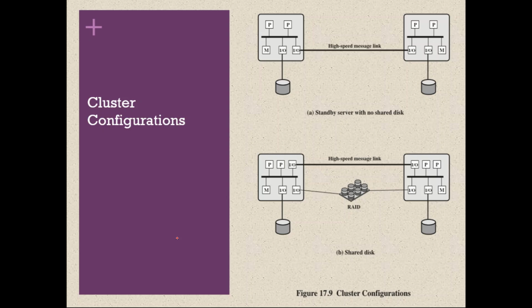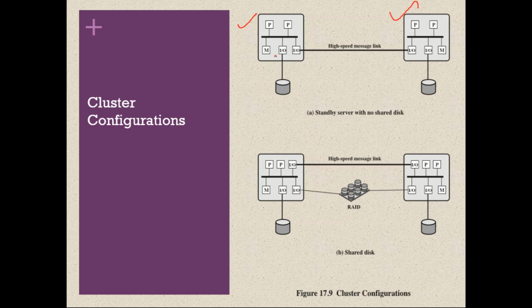So there are several ways of configuring clusters. Here are 2 examples given with just 2 nodes. This is one node, this is another node. Again, in a cluster also, each machine can have multiple processors. Here if you see, this node has 2 processors, one memory and 2 IO modules, and this computer, this node also has 2 processors, two IO modules and one memory, and each of them has its own disk.